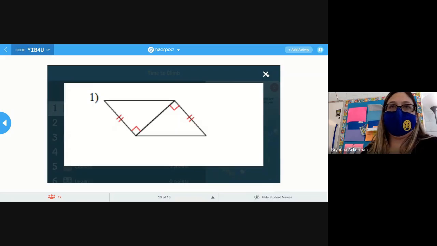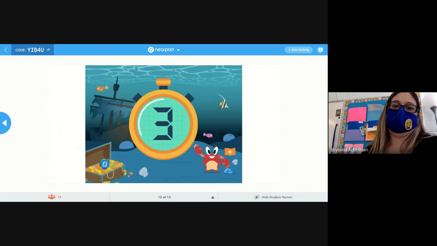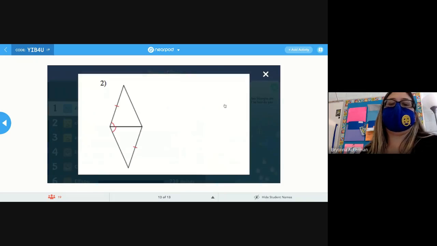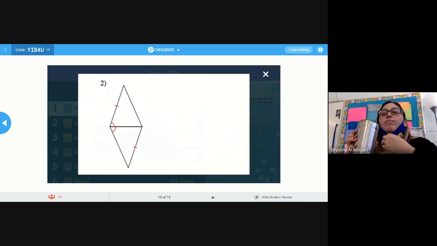So they're either not congruent or they're side, side, side, or side, angle, side. Gotta be true on both triangles. Okay, state if these two triangles are congruent, and if so, how do you know? Remember, it has to follow the patterns.